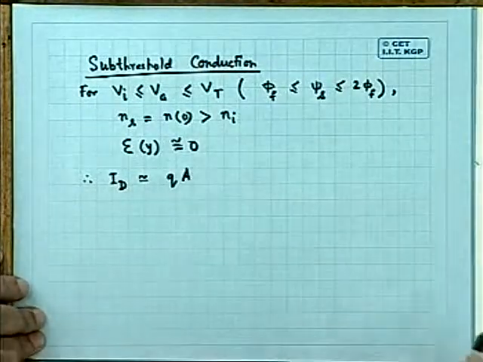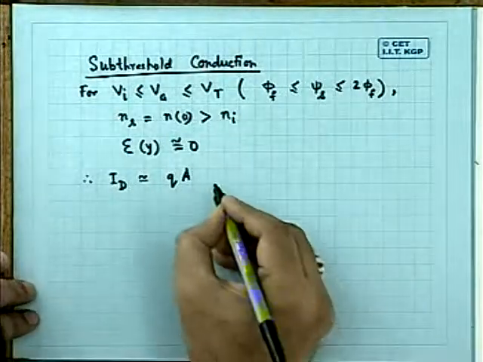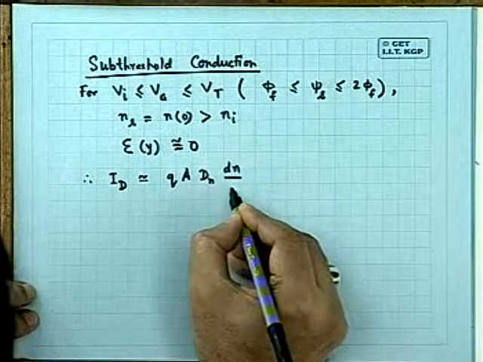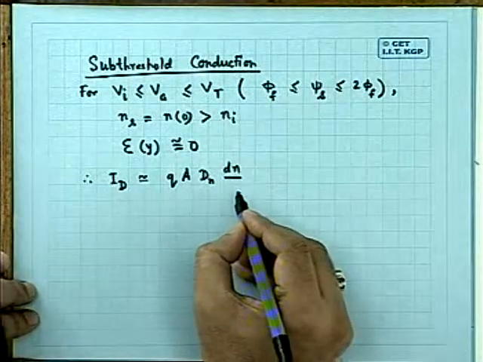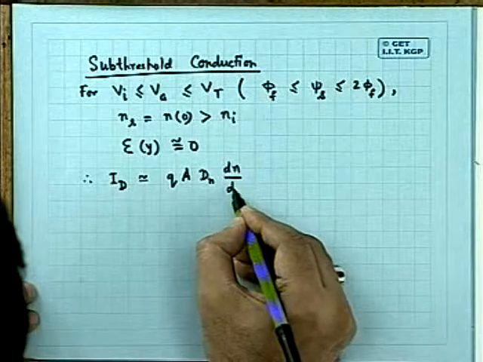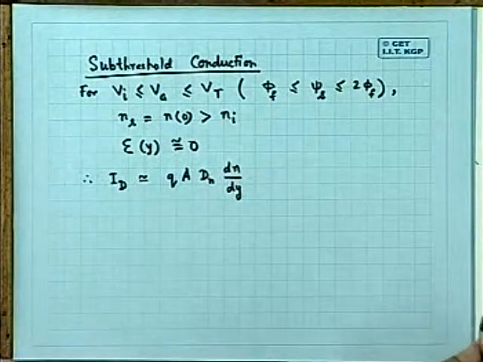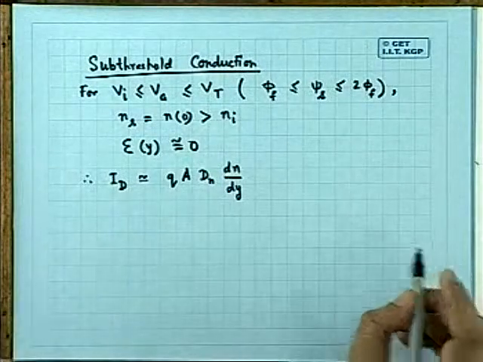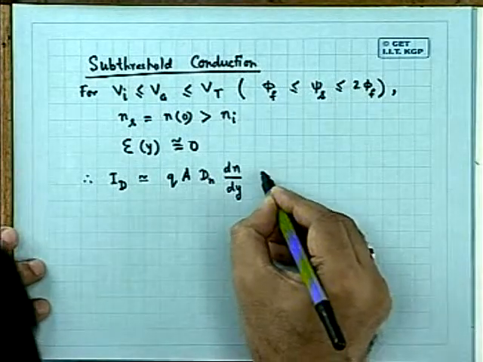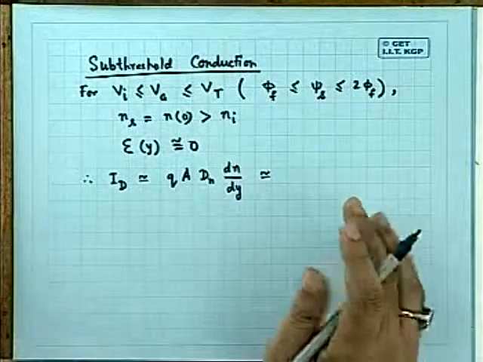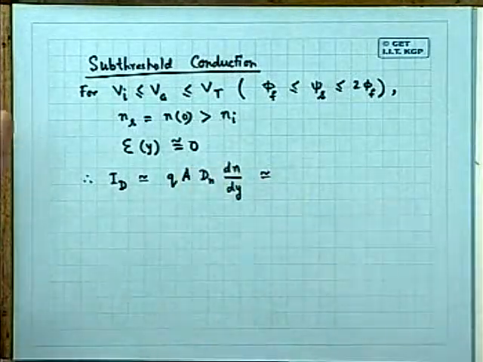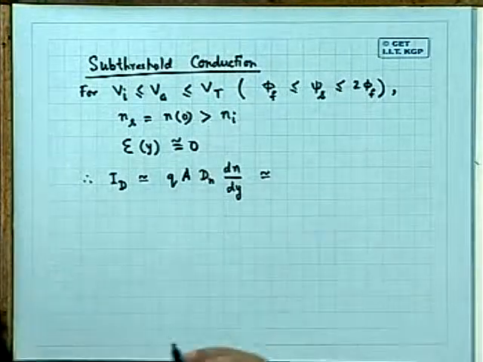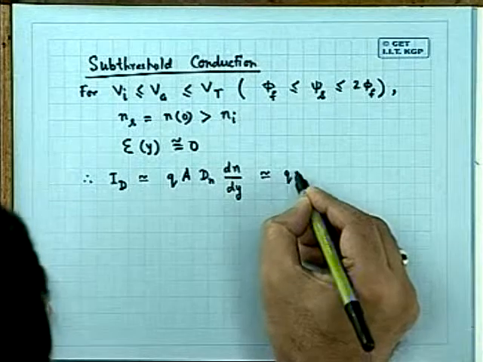A is the area of cross section of the channel, dn/dx. Let me write dn/dy, isn't it? Not dn/dx. And that can be written again simplistically, because I am not interested in deriving a very comprehensive equation, but just to look at it and see how it should happen, a qualitative aspect, I simplify it.